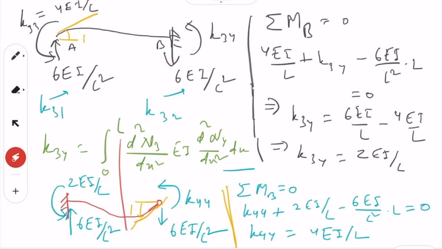So whatever value you are getting here, the same value will appear here in the same direction. That way you would also get that K44 has to be equal to K33, because this can be got exactly by rotating by 180 degrees. So K33 and K44 will be the same, and hence this will be equal to 4 EI over L. That also we could have done.